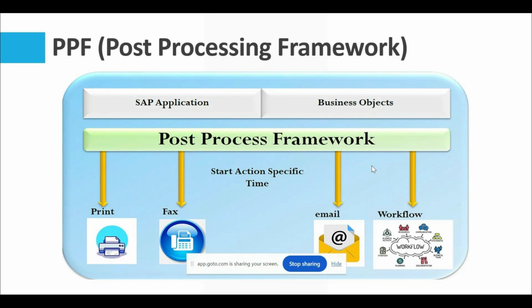Whenever we define an action definition in PPF, there are multiple settings. We will go into detail on each setting later, but just to give you a brief background, there are two parts. Whenever I execute a transaction and a PPF is configured for that particular process, first that PPF should be picked up and kept in an execution pool of PPF actions.